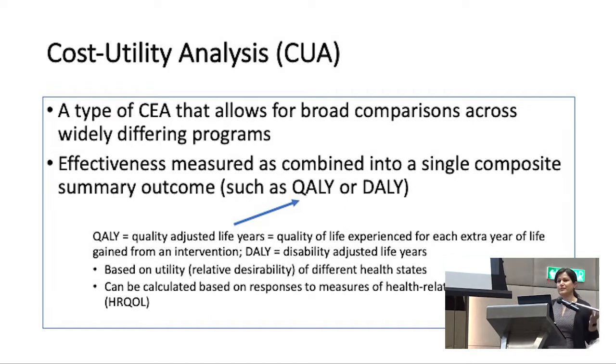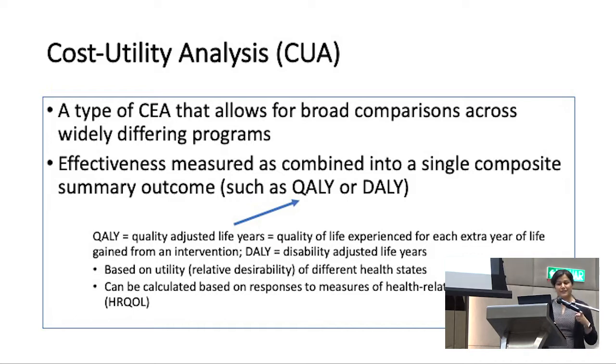And some people will just go ahead and call these cost effectiveness analysis. So you'll hear cost effectiveness analysis used to describe cost utility analysis, but technically when you're looking at utilities, such as quality adjusted life years as your outcome, instead of some more discrete measure of health, it's a cost utility analysis.